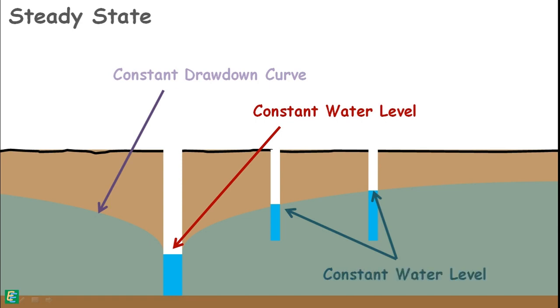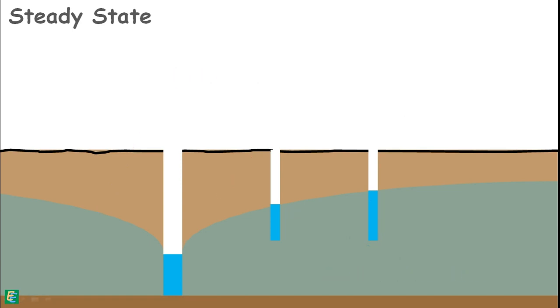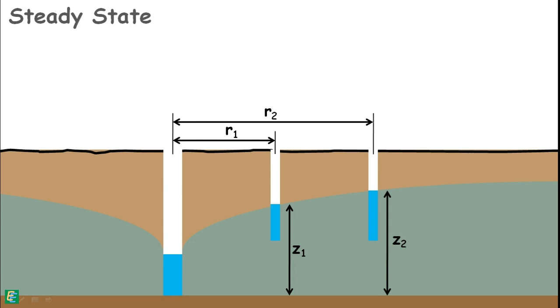So, let at this steady state, the height of the water level in the first observation well be Z1, and it is at a distance of R1 from the center of the test well. Similarly, the height of the water level in the second observation well is Z2 and it is at a distance of R2.